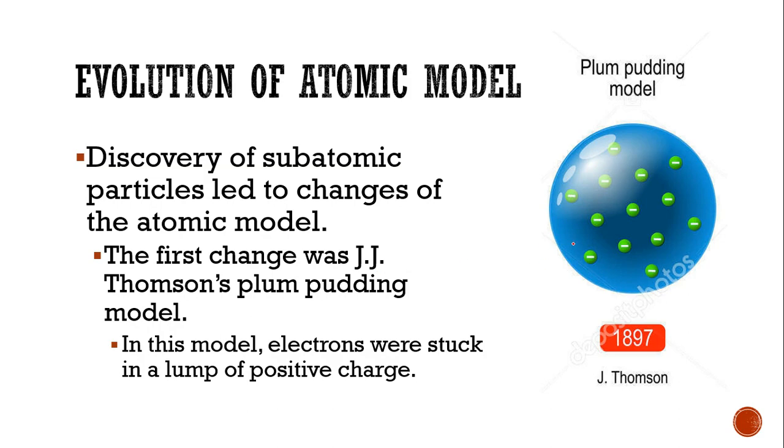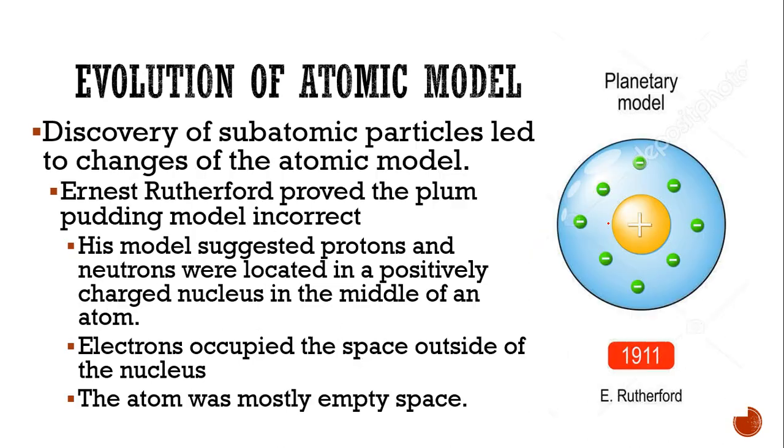He came up with a model called the plum pudding model, where he basically said that this whole blue outside was positively charged. So blue was positively charged, and that there were just kind of electrons stuck in this lump of positive charge.